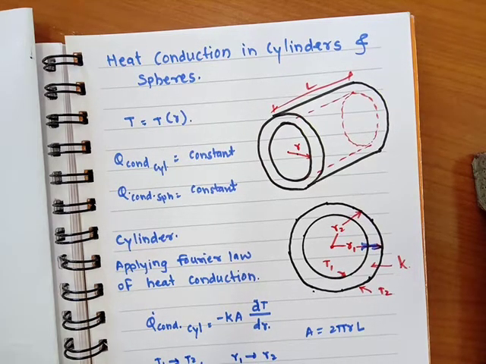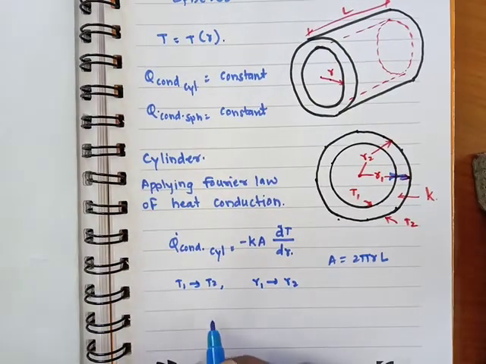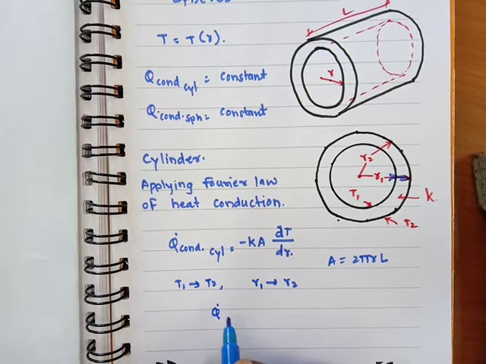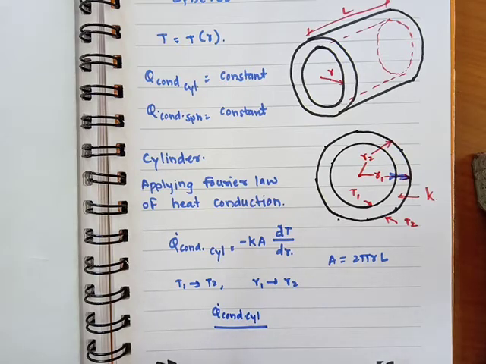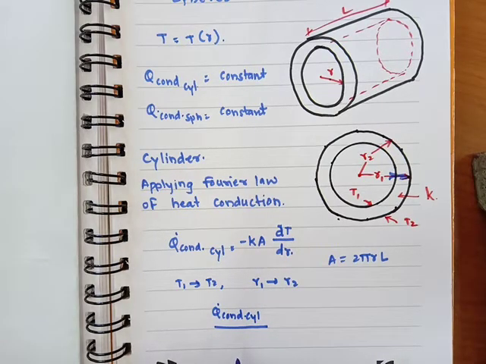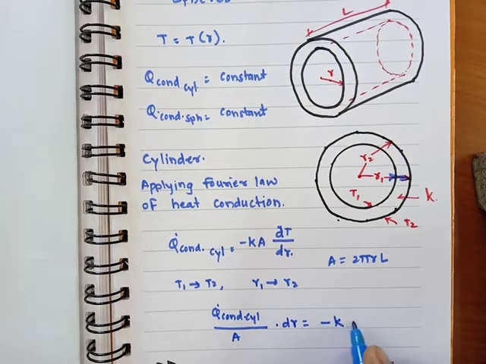So we will consider Q conduction for the cylinder divided by area, multiplied with dr, is equal to minus K into dT.